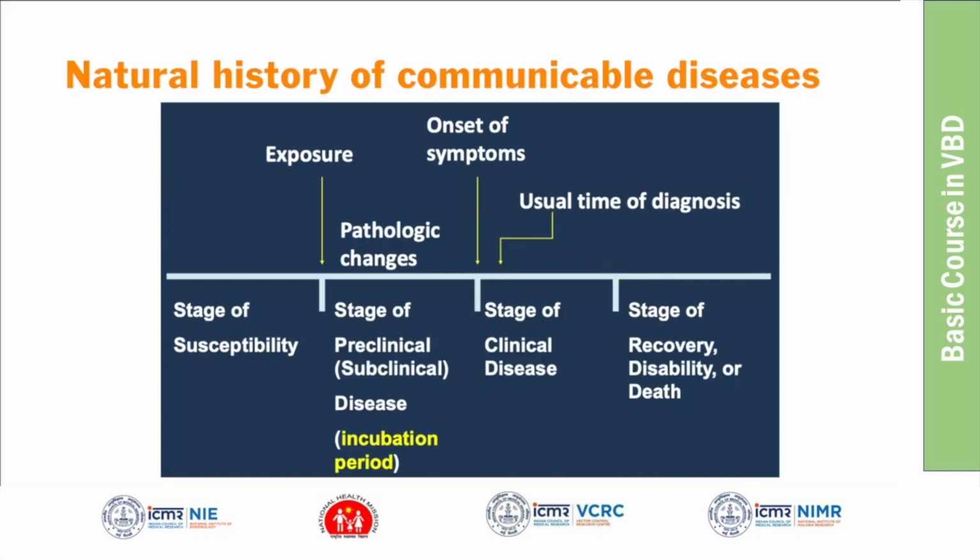If the damage is not expressed as a disease or a symptom or a sign, then it is called stage of preclinical, which means it is subclinical. It is not still expressed, but the damage is already occurring. For example, for some of the infectious diseases, fever may not be the first sign. The patient or the individual may be harboring it. It can be only detected by testing blood or some body fluid.